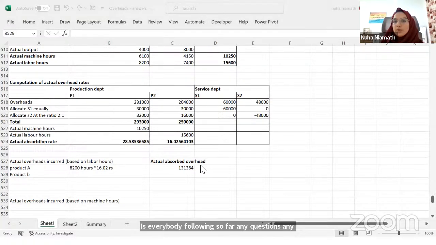Please let me know in the chat box. Has everybody understood the calculation of the actual overhead rates? All right, so can we proceed with the calculation of the actual overhead absorbed?